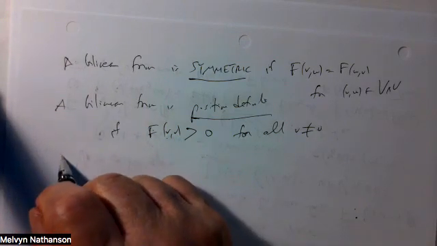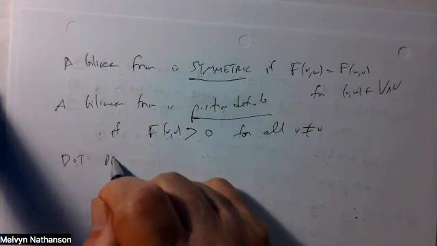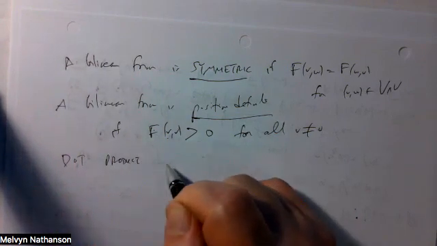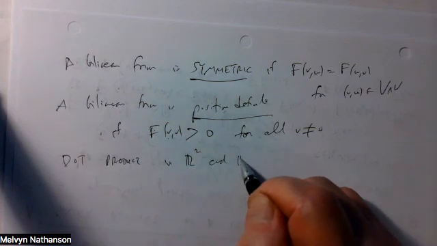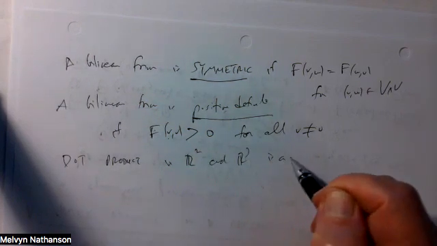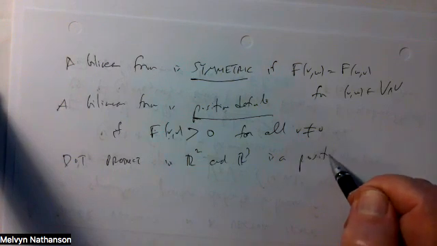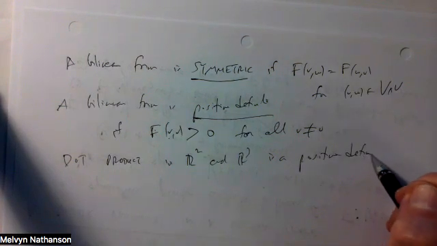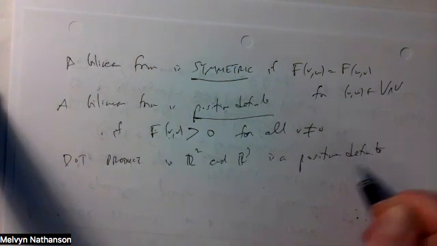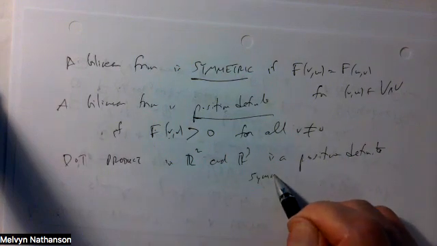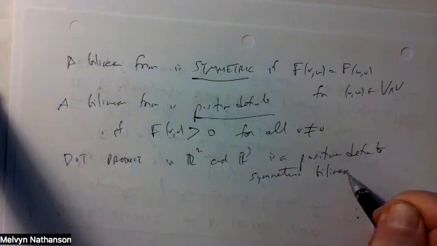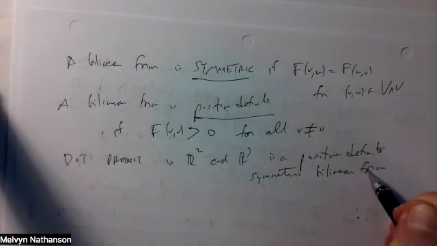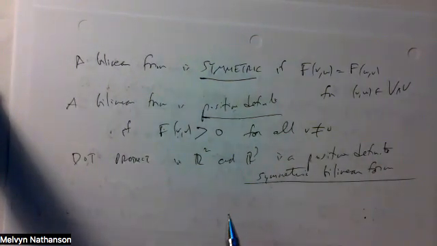And one can check that the dot product in R2 and R3 is a positive definite symmetric bilinear form.